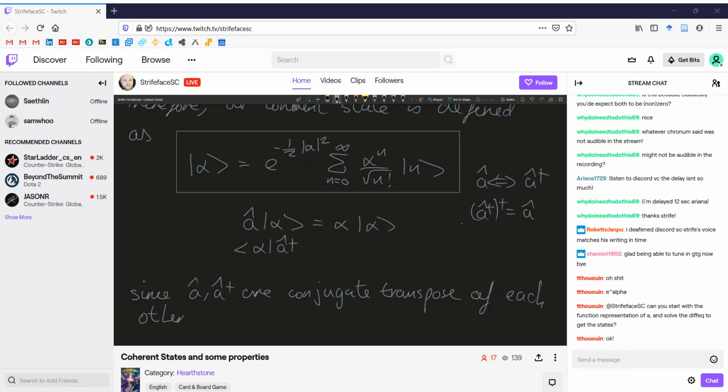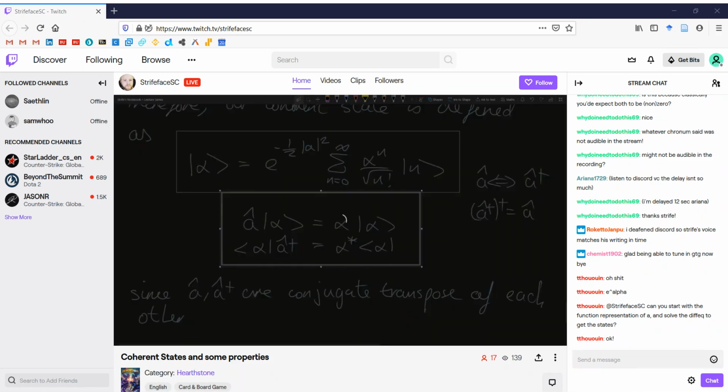Now, these are the key results that I would like you to remember when, if ever you come to work with coherent states, you'll find definitions. The coherent state properties about the coherent states, which we're going to see.